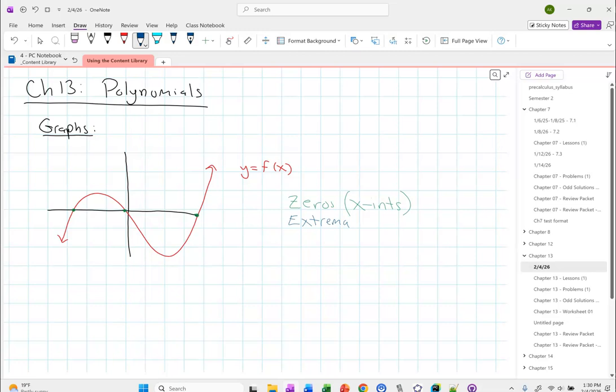The next type of point is called the extrema. There are actually 4 different types of extrema we could talk about.